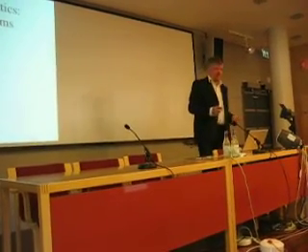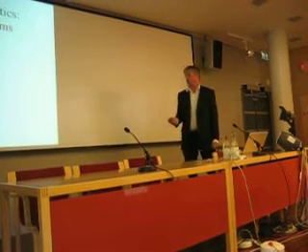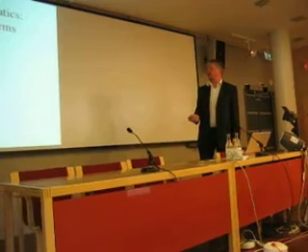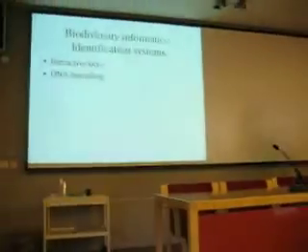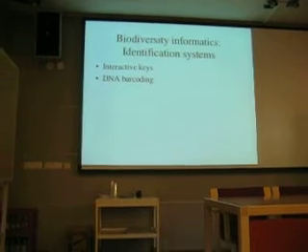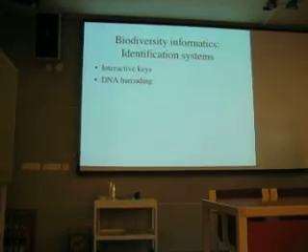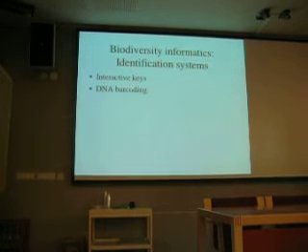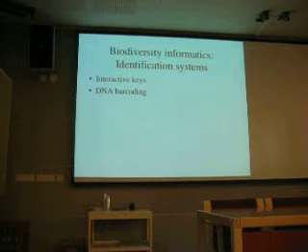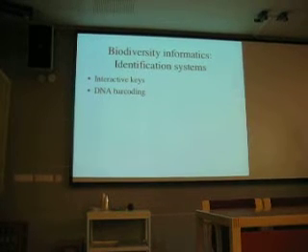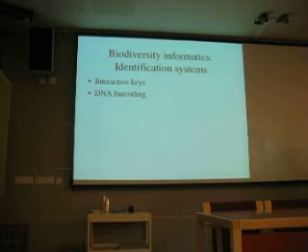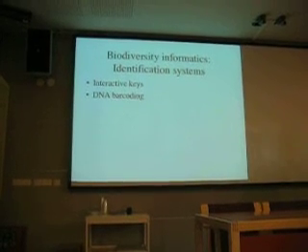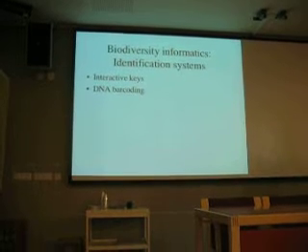We also use taxonomy to identify organisms into taxa, and that can be in the form of interactive keys using, for example, morphological characteristics of the specimens, and recently also DNA sequencing, or perhaps not so recently, but the term DNA barcoding has been coined to signify the process of identifying taxa by DNA sequences.